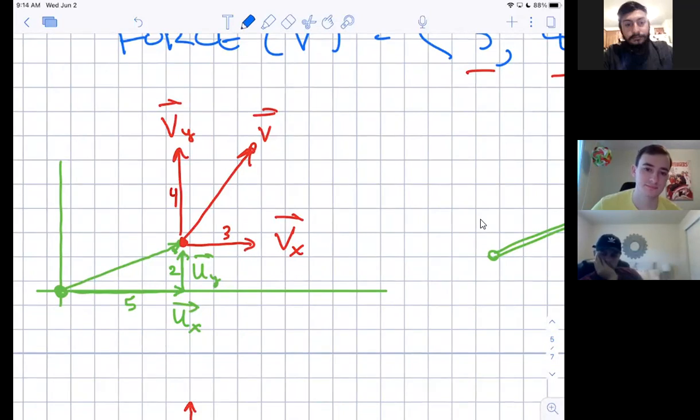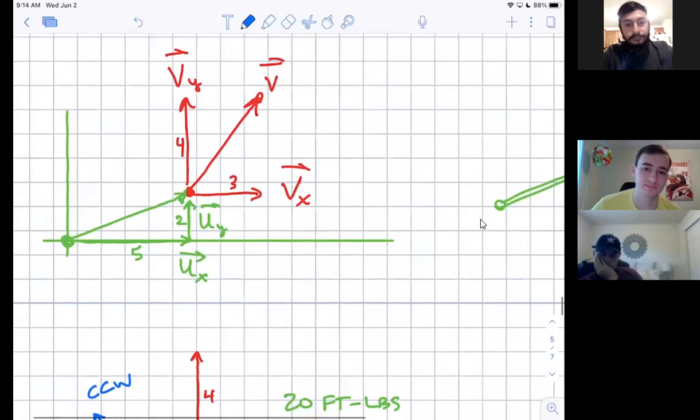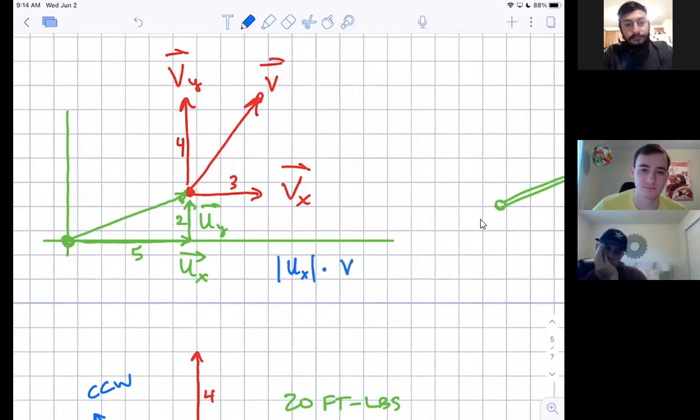But it's kind of interesting that to get 20, we took the U of X length and we multiplied it by the V of Y length, right? And we took the X of one times the Y of the other.